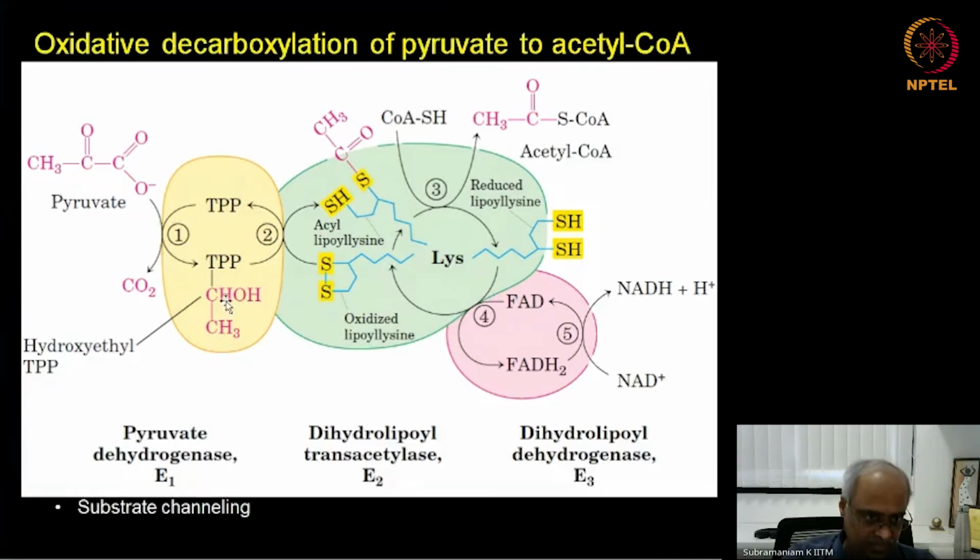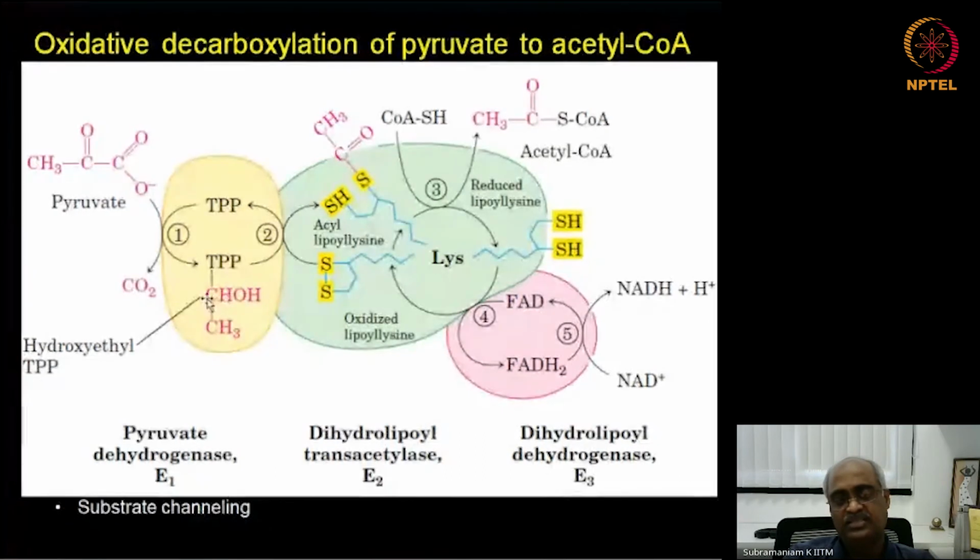So here from the pyruvate dehydrogenase, this group is transferred in the form of acetyl, meaning this aldehyde gets oxidized into an acid group, carboxylic acid. And the electrons transferred have gone into reducing this disulfide into two thiol groups, and one of the thiol groups now becomes in ester linkage with the oxidized aldehyde carbon here.